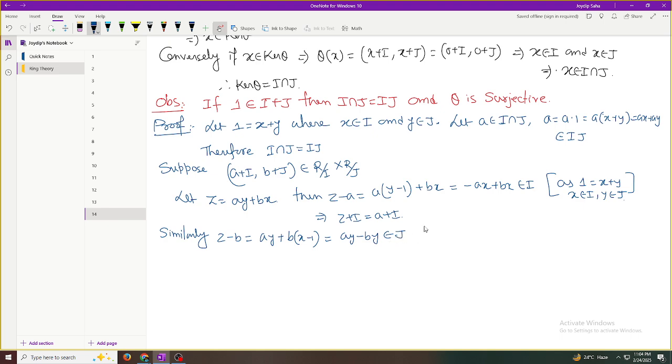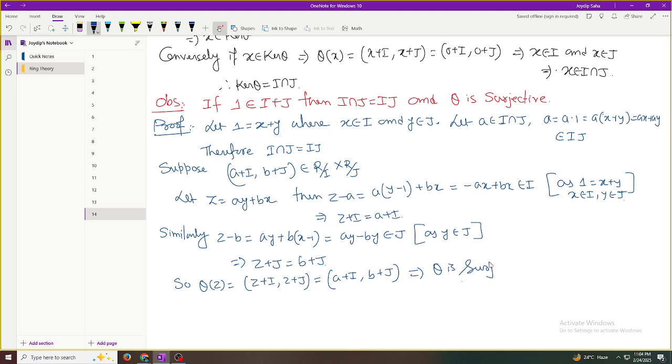That belongs to j, by the same logic. That means z plus j equals b plus j. So theta of z equals z plus I, z plus j, that equals a plus I, b plus j. This implies theta is surjective.